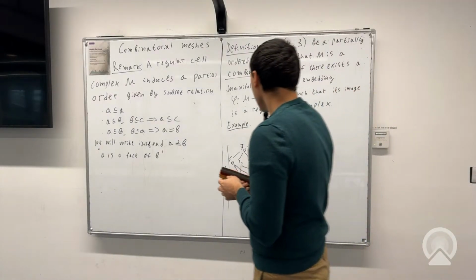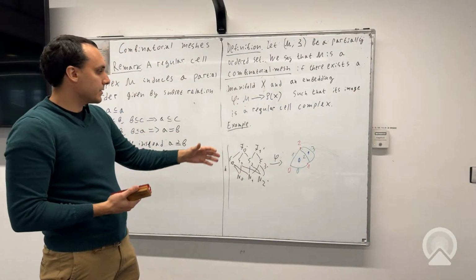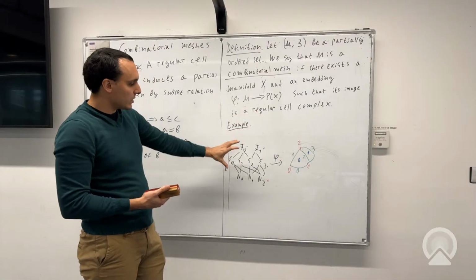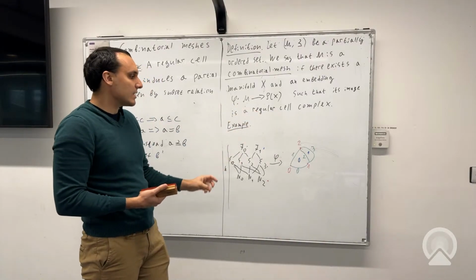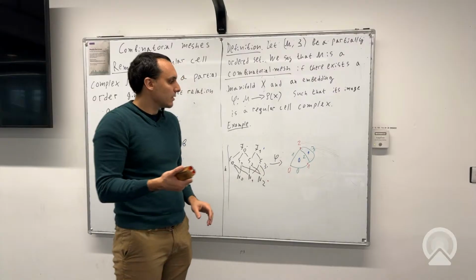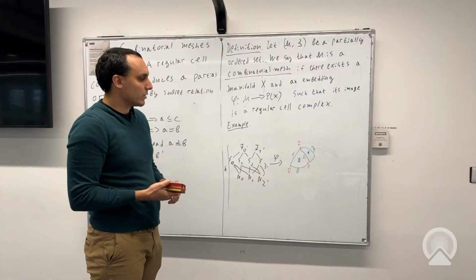So we have just a set with some order, and it has some embedding, but it's not that important what the embedding is.